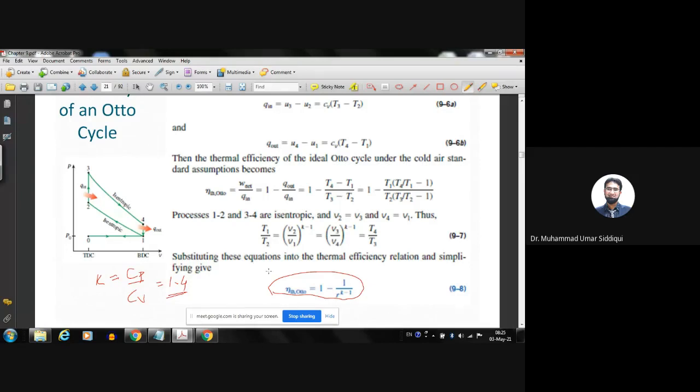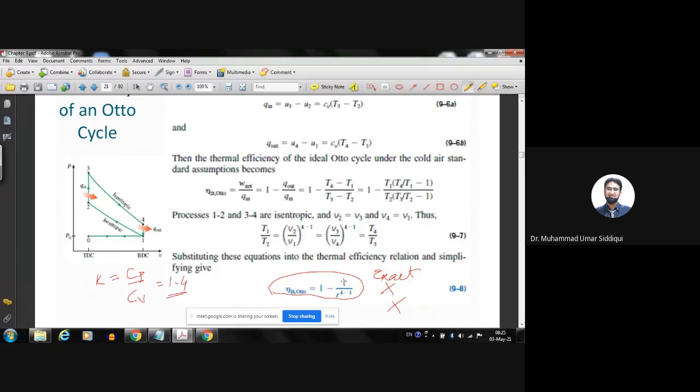Now you need to remember one thing. You can only apply this formula if it is the cold air standard condition or the constant specific heat condition, or it is said to use the approximate analysis. For exact analysis, this formula is not valid. When we have the variable specific heat condition, this formula is not valid.